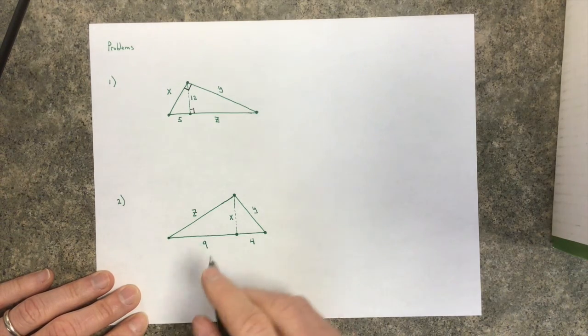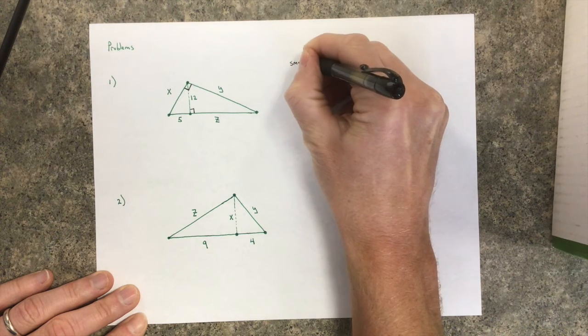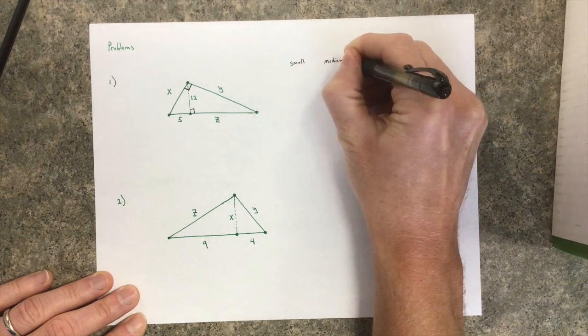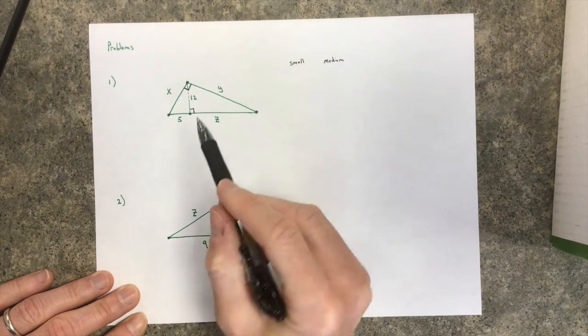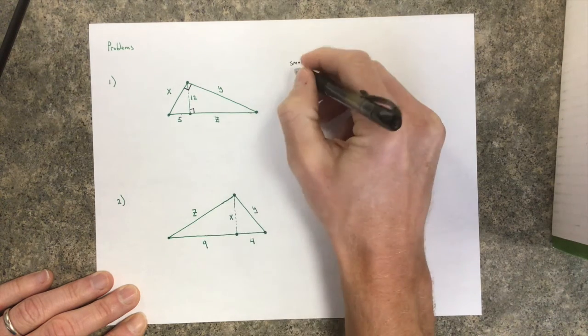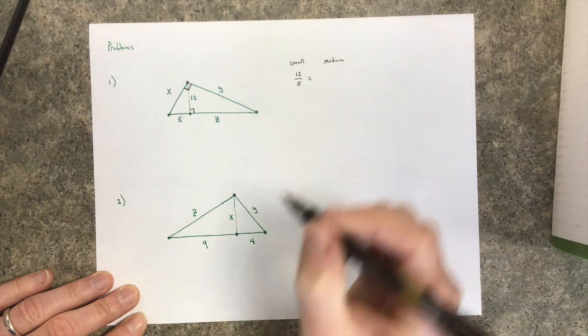Let's look at the small triangle and compare it to the medium triangle. Okay, so for the small triangle, I'm going to say the long leg is to the short leg, and then I'm going to go to the medium triangle, I'm going to do the same thing.